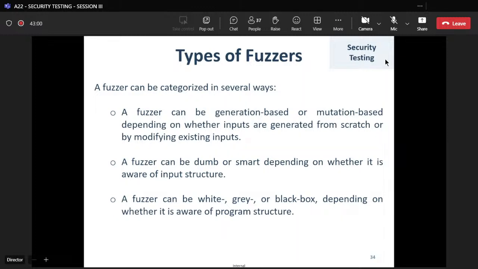A fuzzer can be dumb or smart depending upon whether it is provided the input structure. All the different methodologies work for fuzz testing, for example gray box, white box, or black box testing. All three can be used.